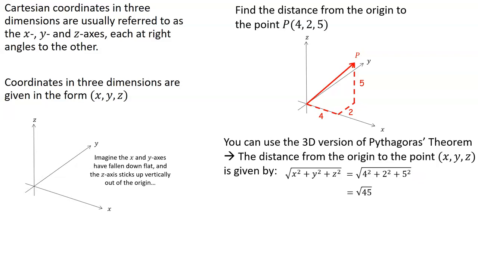That can be written as 3 root 5, or if I want it as a decimal, to two decimal places, it's 6.71. Remember that in tests you should always be giving your answers as exact values unless told otherwise. However, sometimes it can be useful just to see an actual size of something.